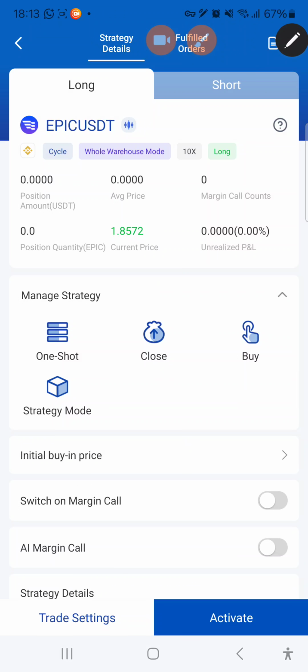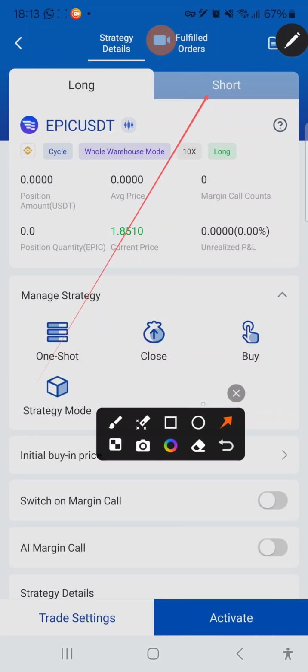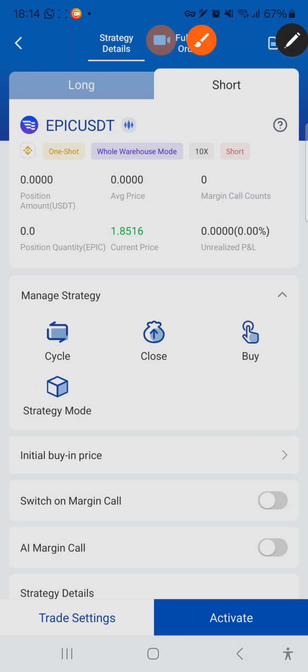Now, depending on your direction, it is simple. They have asked us to short. Make sure it is light bluish. You see this? Make sure it is light bluish. Now, that simply means we are shorting.